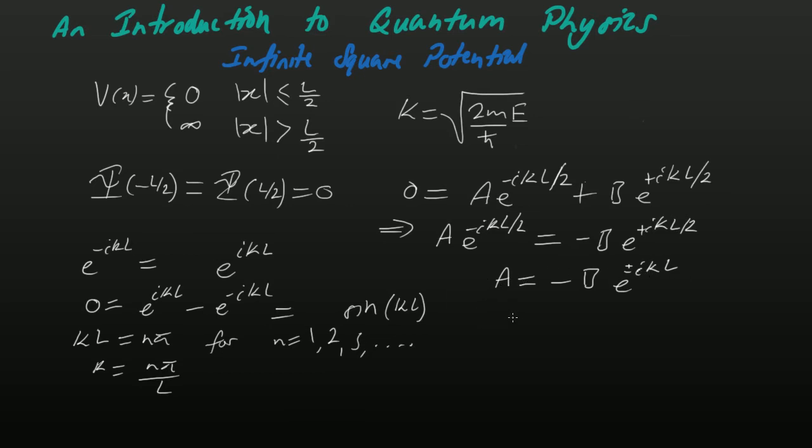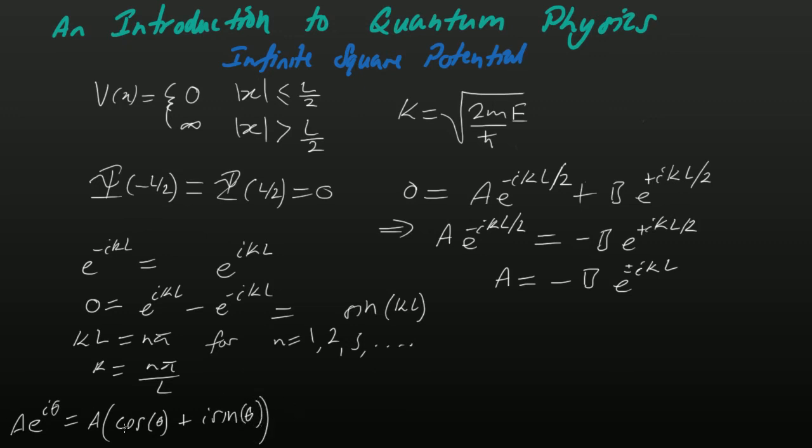What we can say is, remembering Euler's formula, e^(i theta) equals, I'll do the general one, cos theta plus i sin theta.